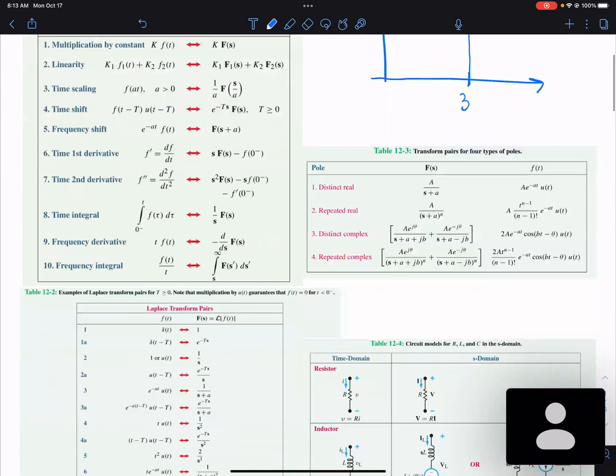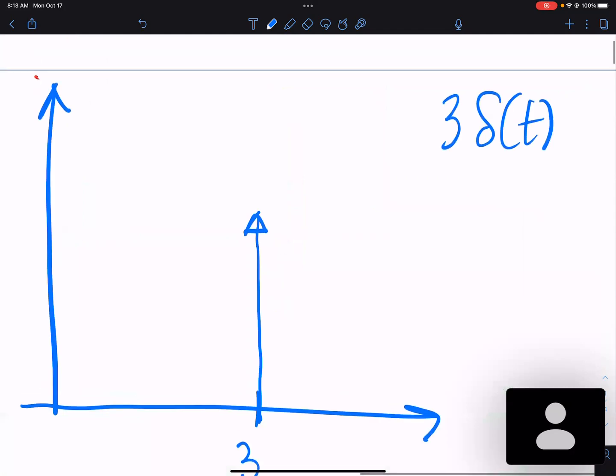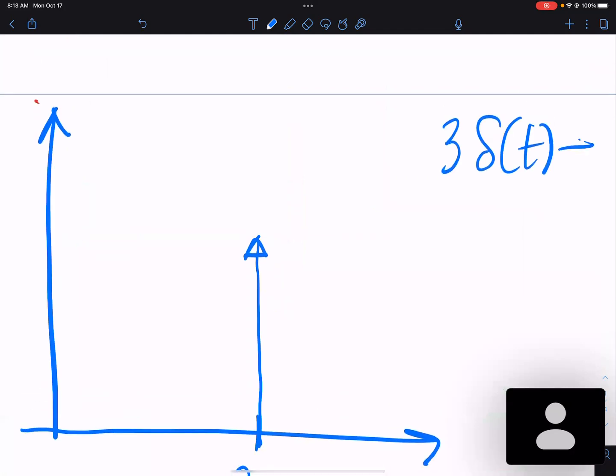And then when you take the transform of that, it will just be a 1. So when you take the transform of 3 delta t, that's just going to transform into 3 in the Laplace domain.